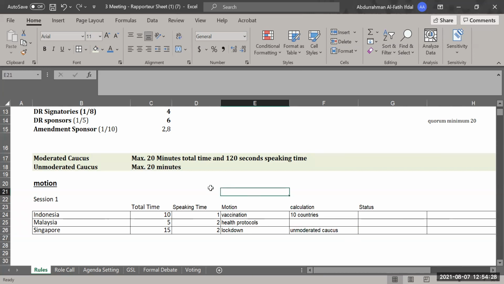I want you to choose which motion fulfills all the requirements for a moderated caucus. Is it the motion from Indonesia, Malaysia, or Singapore? I know it's kind of tricky, but try your best to answer as accurately as possible. And don't worry, this is the last quiz. There will be no more quizzes after this.